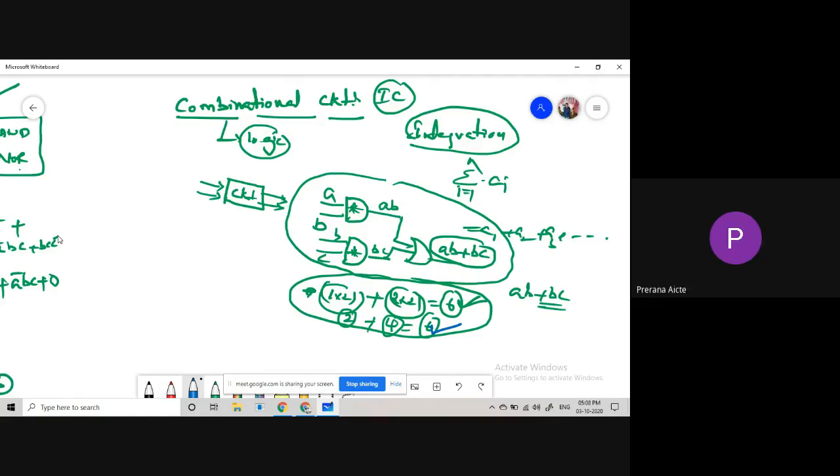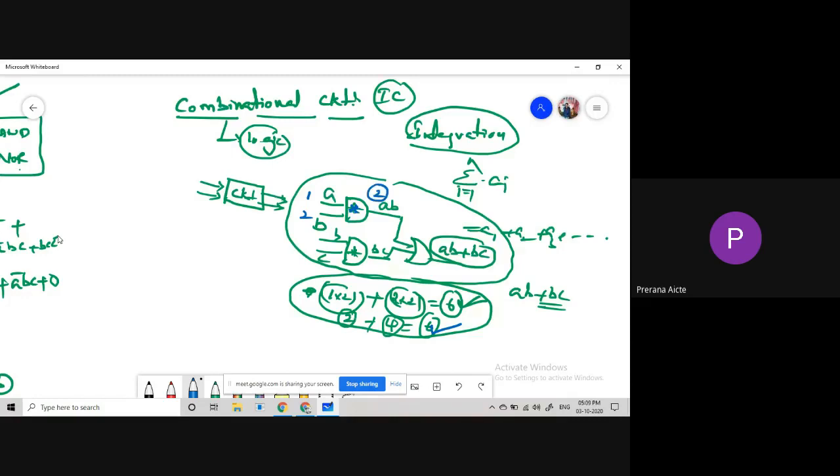So based on this logic, the combinational circuit is defined as: the present output depends upon the present input only. Whenever we give the input, then only we get the final output, right? What happens in the middle, nobody knows. Here, if we take this one as a multiplier, with 1 as input and 2 as input, what is the output of this AND gate? 2.